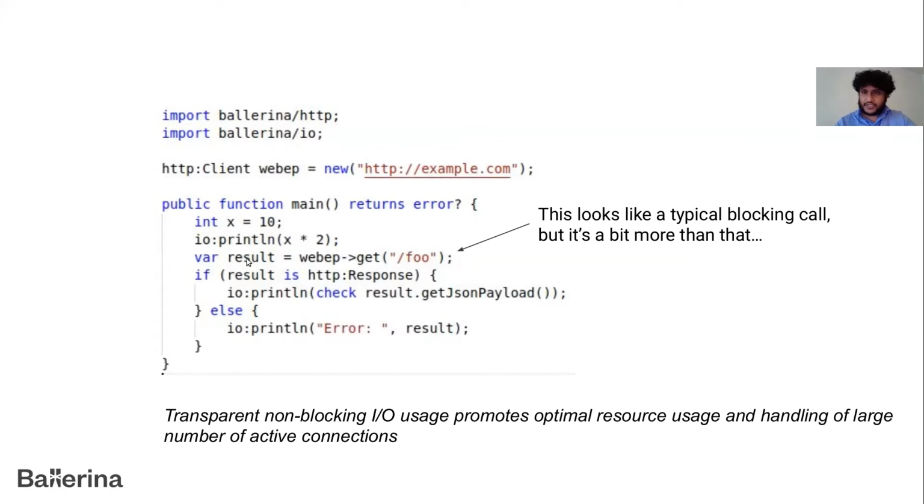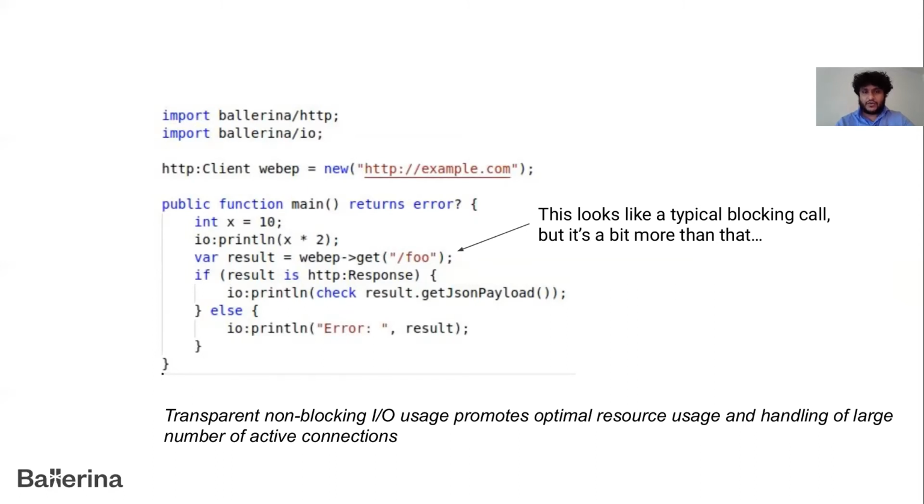This looks like a typical blocking call, but what happens in Ballerina is in our runtime, we automatically suspend the execution strand, that's the execution context, and we give the processing of the IO operation to the operating system, and only when that IO operation is done, we resume our strand.